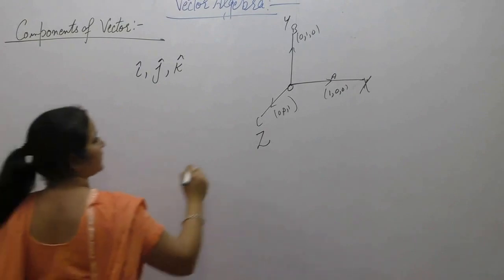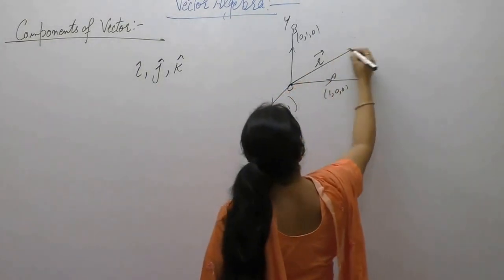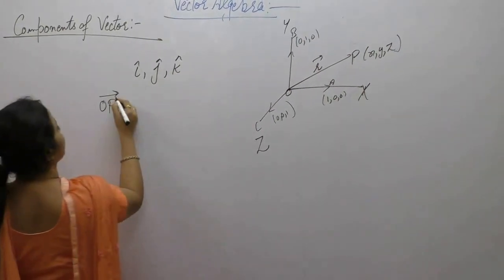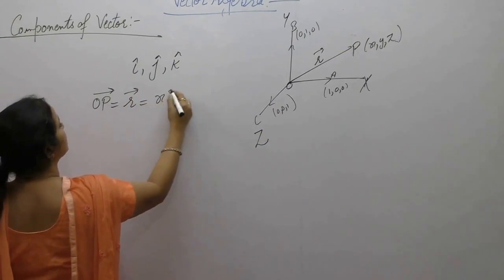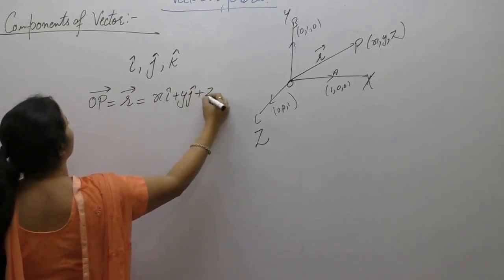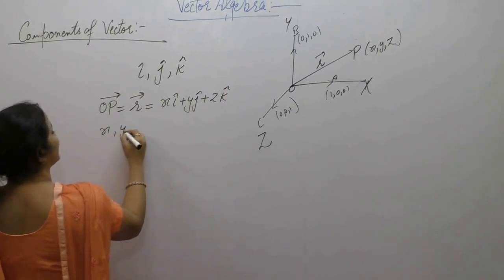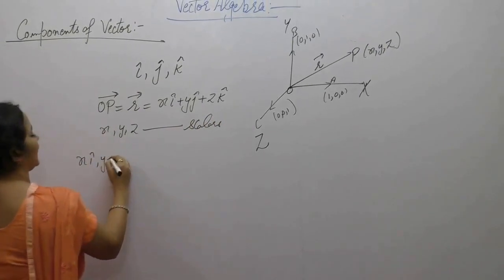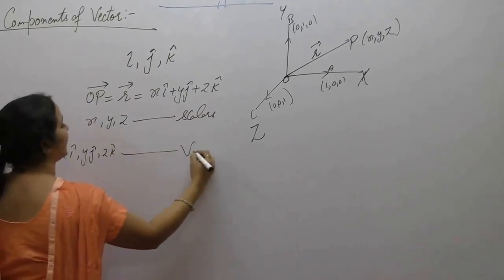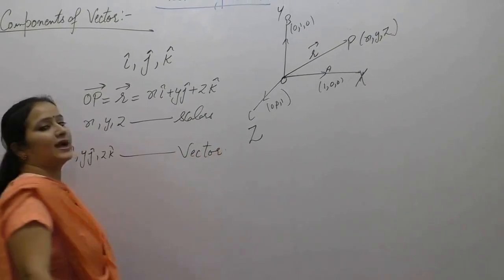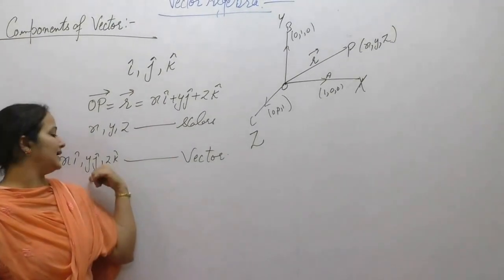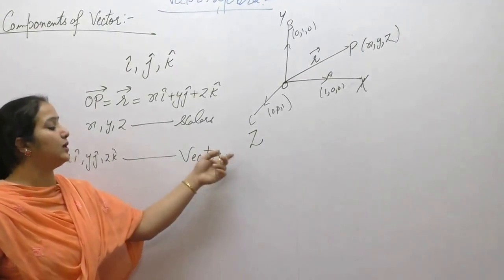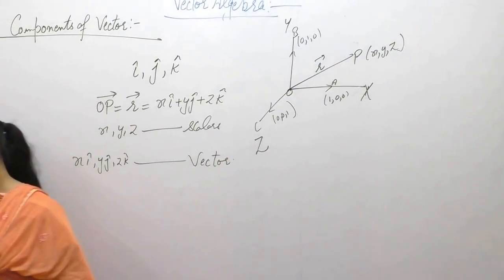Let this is R vector, vector components. X, Y, Z are scalar components and xi, yj and zk. When the direction is also included with magnitude, then it represents vector.